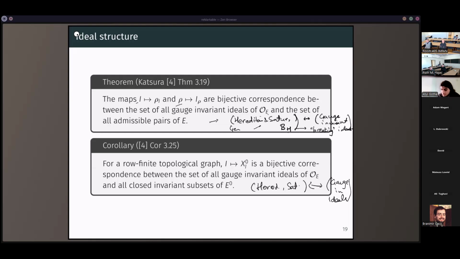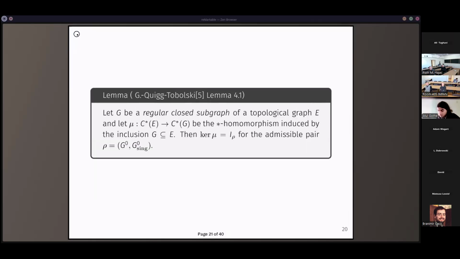So the ideal structure is not necessary but very useful, because if we have some way of dealing with gauge invariant ideals in terms of subsets of the vertices, then we can talk about kernels of star homomorphisms. That is, say G is a regular closed subgraph. What this just means is G0 behaves well inside E0 and E1.